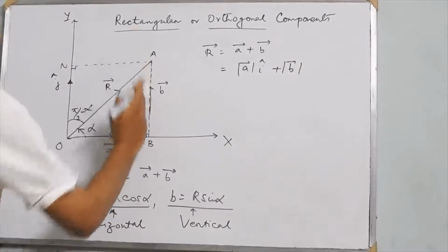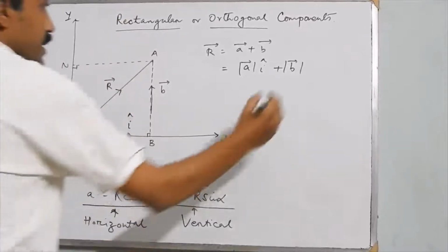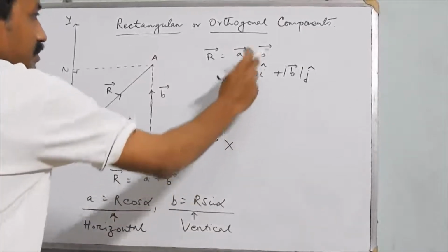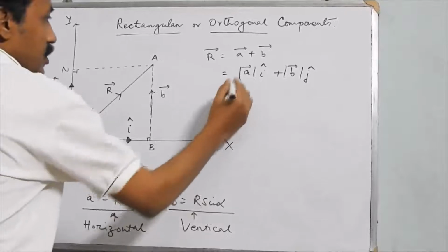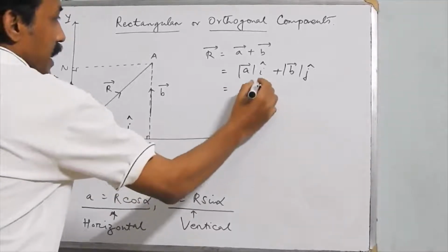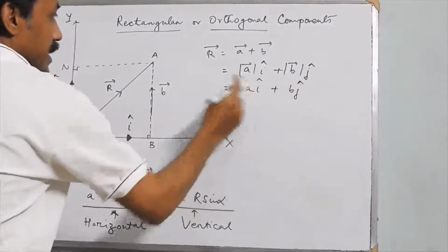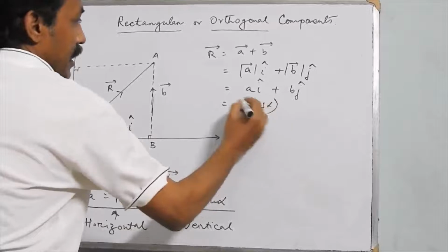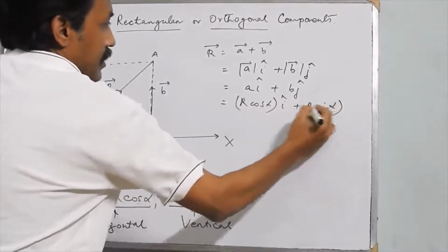See that B vector is along the y direction because they are parallel. So this can be written as j hat. So A vector is modulus of A I hat and B vector is modulus of B j hat. Now what is modulus of B? Modulus of A is simply A and modulus of B is simply B, that means the magnitude, and A is r cos alpha. So this is r cos alpha I hat plus r sin alpha j hat.